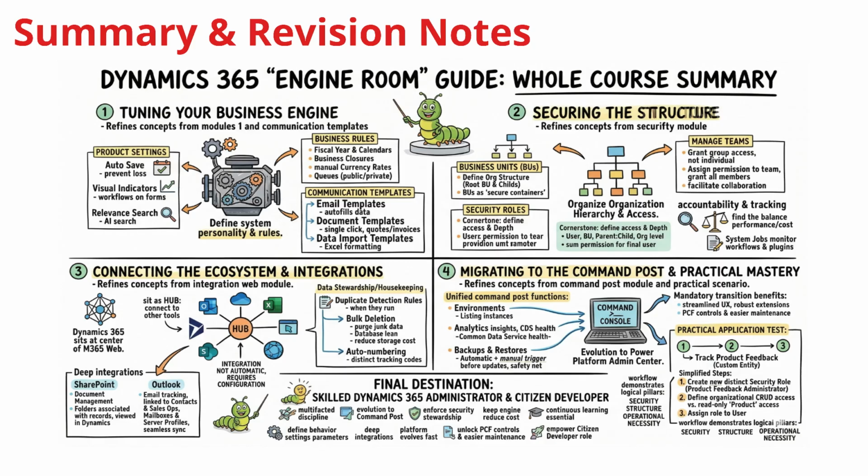We then connected the broader ecosystem, prioritizing deep integrations with Microsoft 365 while practicing essential data stewardship to keep the engine clean and reduce costs. Finally, we migrated to the modern command post, the Power Platform Admin Center, proving our practical mastery in a real-world scenario. You are now equipped as a skilled, continuous learning administrator and citizen developer, ready to lead this rapidly evolving platform.